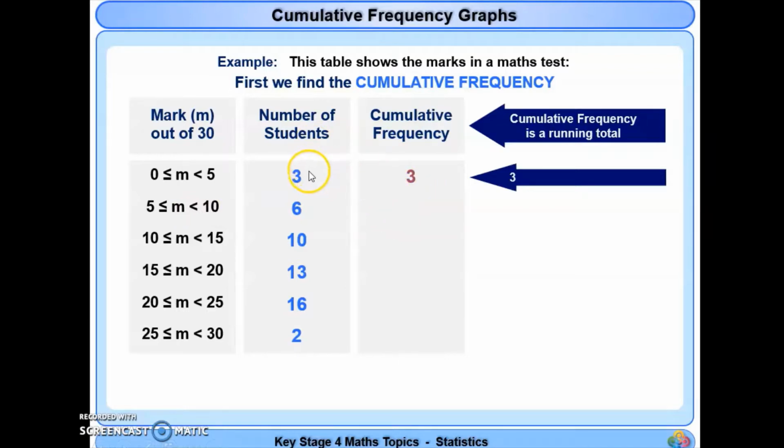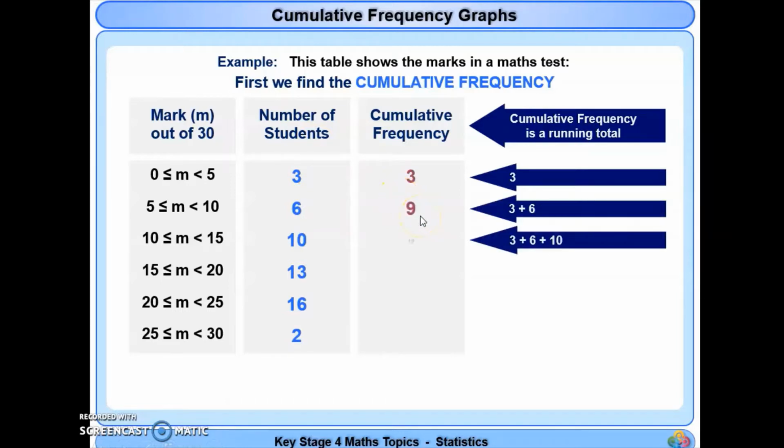Therefore, we have a running total of 3 add 6, giving us 9. For the third group, we would go up to 19. We have a running total of 3 add 6 add 10, giving us 19. For our running total here, this value will be a sum of this total and all the totals in the frequency column preceding this group.